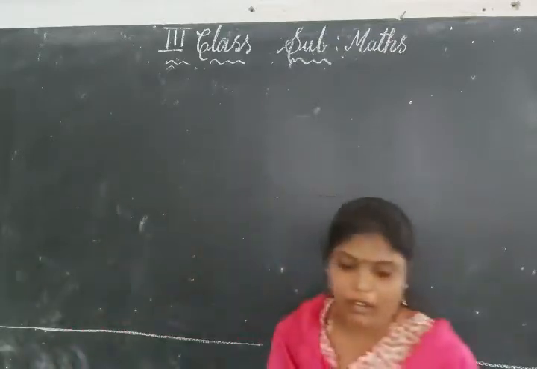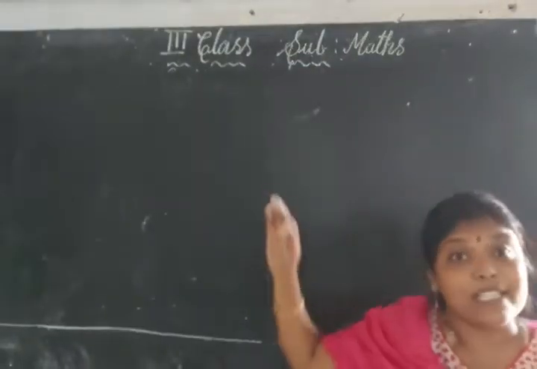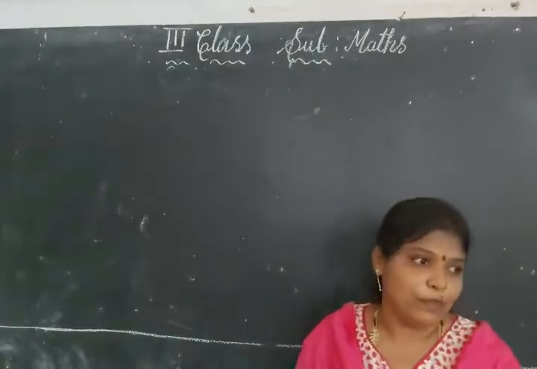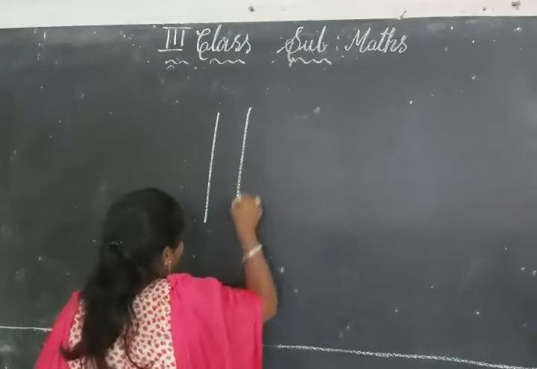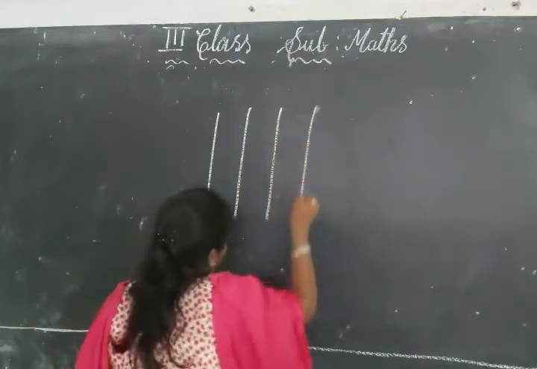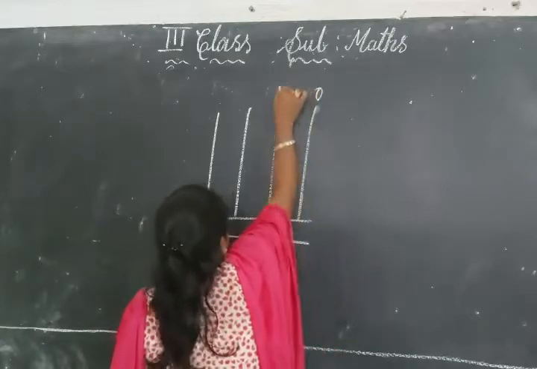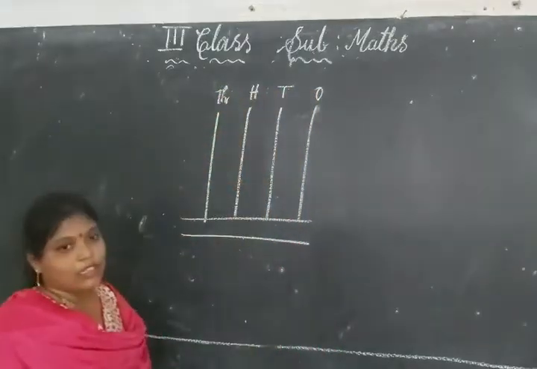And now children, I will represent a number on abacus. You have to tell me the number. Will you, children? Ones, tens, hundreds and thousands.